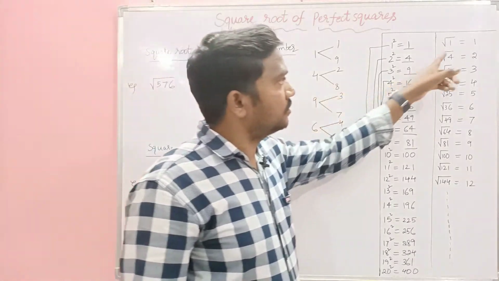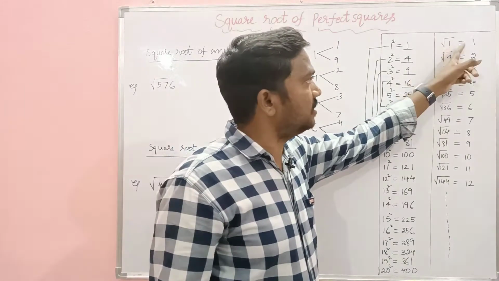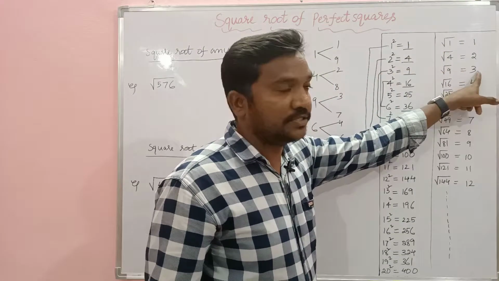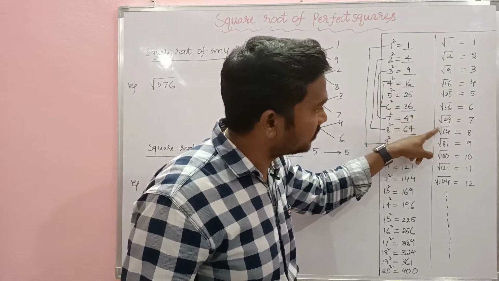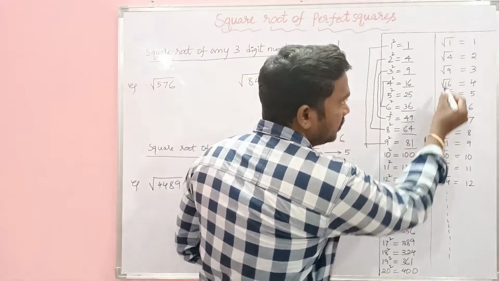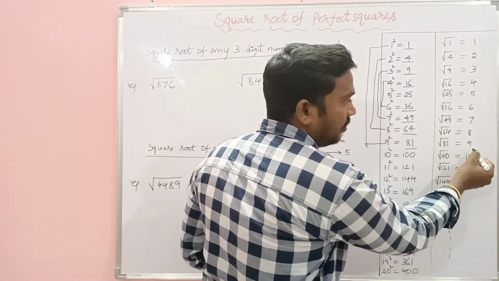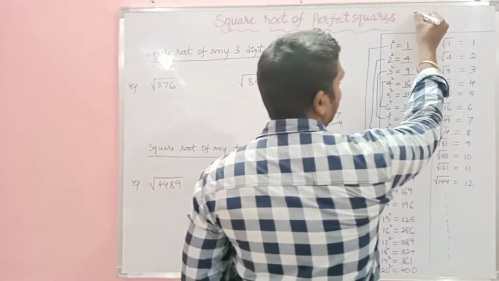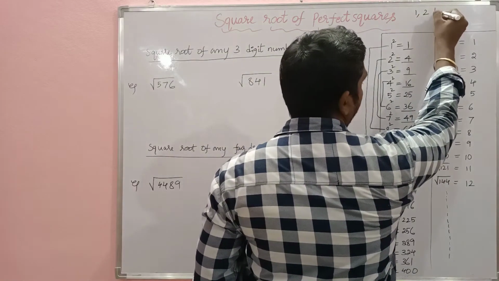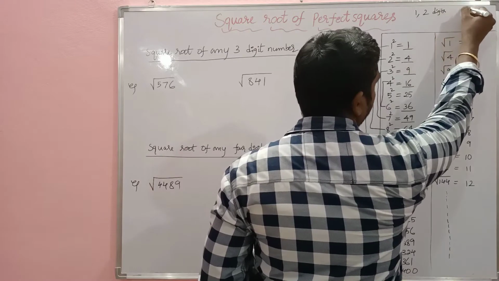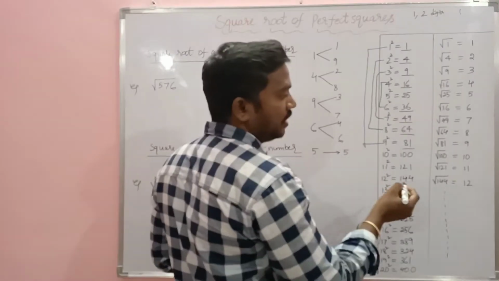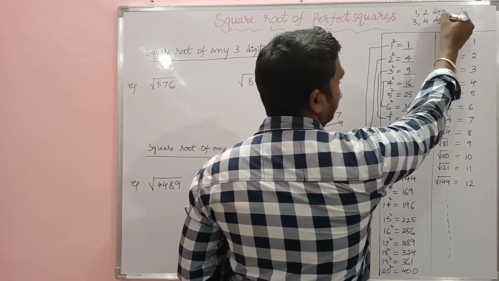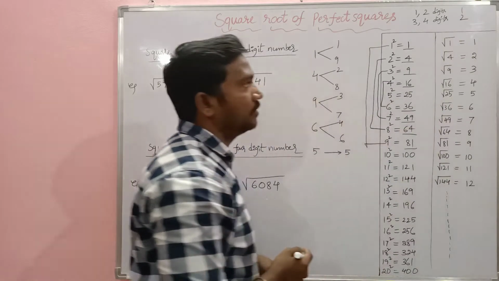Now see here, square root of a one digit number is 1 digit. Square root of two digit numbers is also 1 digit. So square root of 1 and 2 digit numbers is 1 digit, and square root of 3 digit and 4 digit numbers is a 2-digit number.